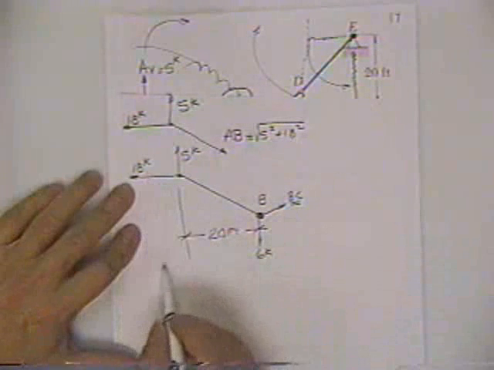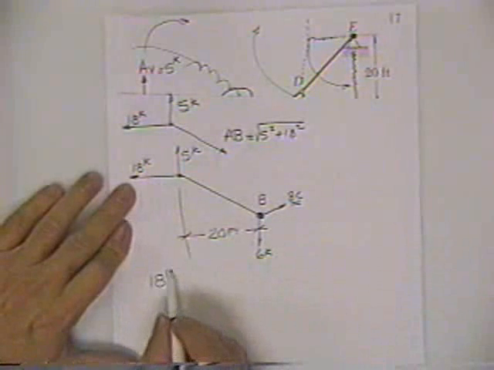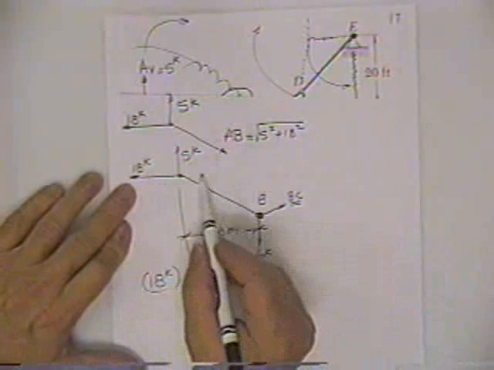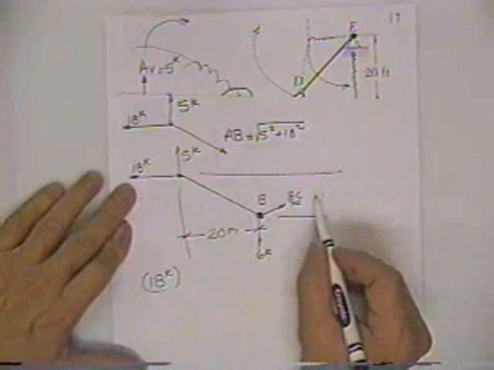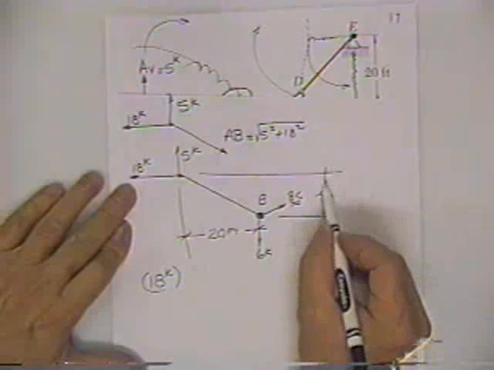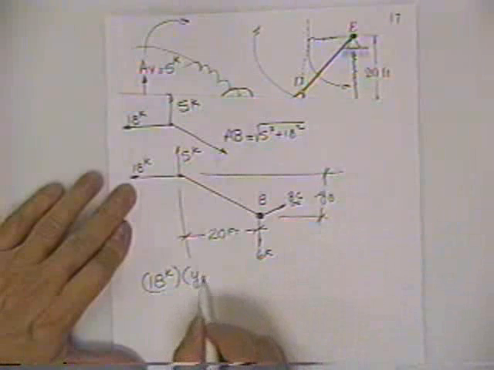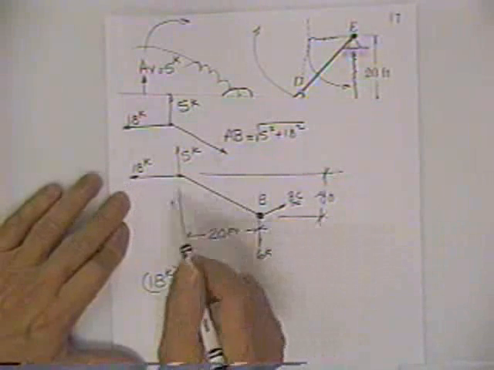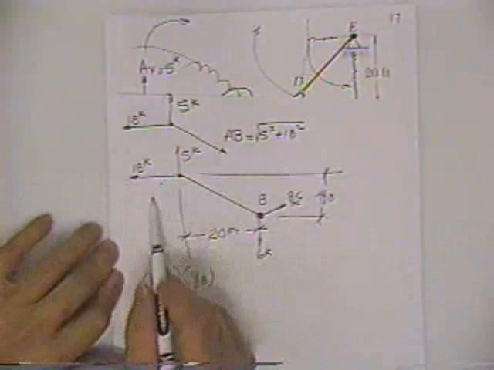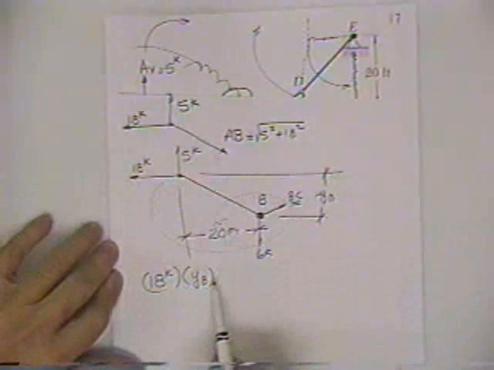And the equation reads, an 18 kip load times his moment arm, Y for B, let's call it, how far B is below the reference axis, Y sub B. His tendency to roll about point B is that way.